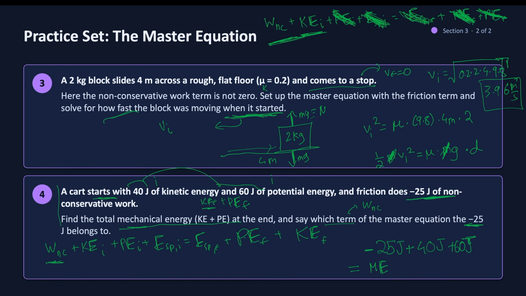It's just asking what's kinetic energy plus potential energy, so I can represent that as mechanical energy. Then energy spring final is just 0, and energy spring initial was also 0. So this is going to be 100 joules minus 25 joules, or in other words, 75 joules is mechanical energy final. You want to remember that.